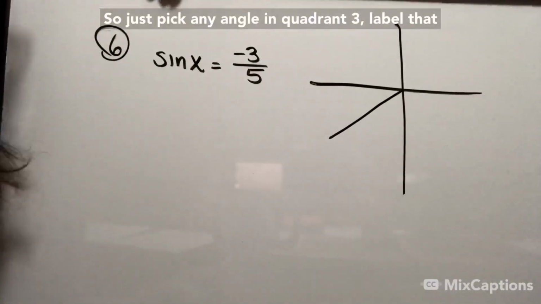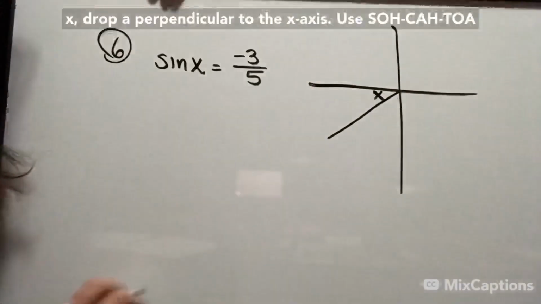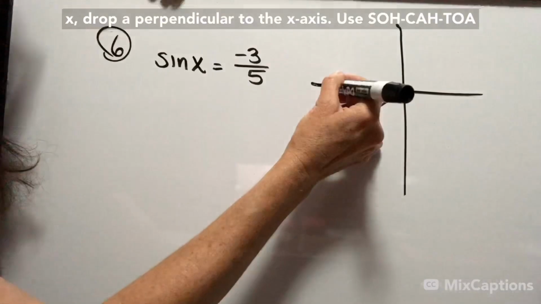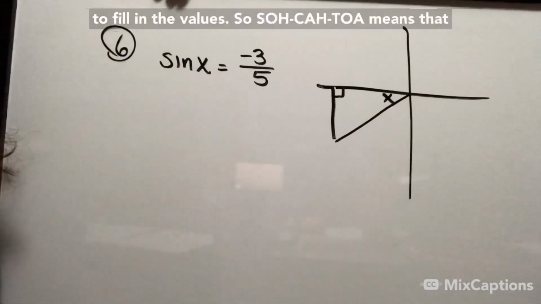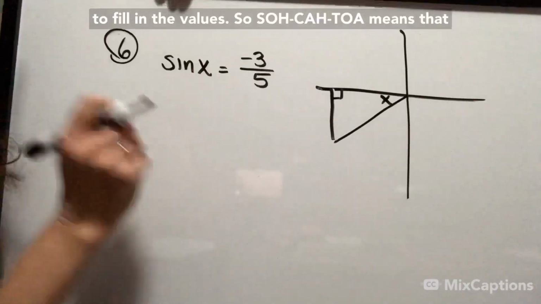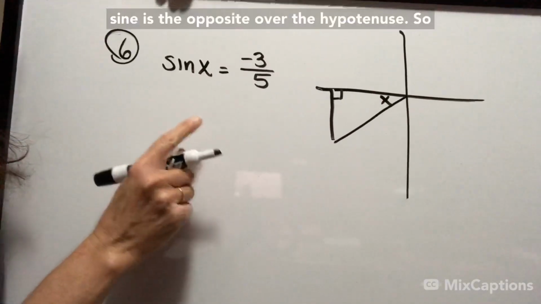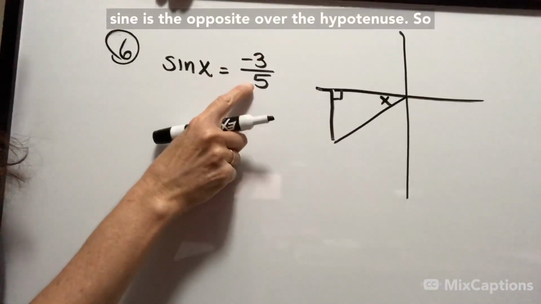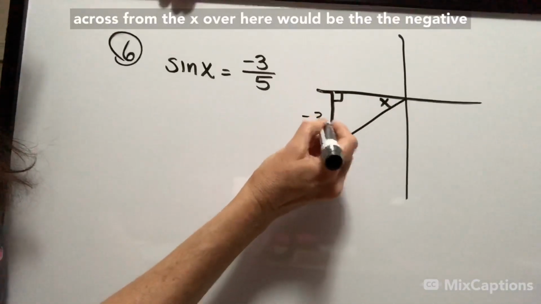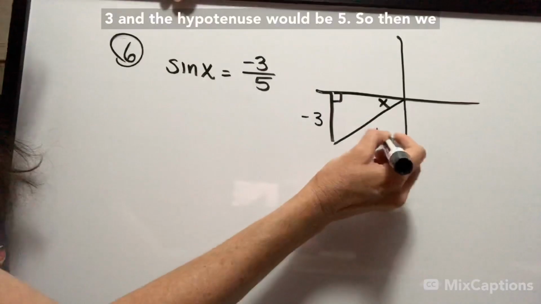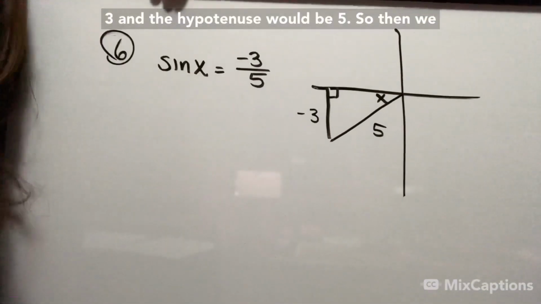So just pick any angle in quadrant 3, label that x, drop a perpendicular to the x-axis, use Sohcahtoa to fill in the values. So Sohcahtoa means that sine is the opposite over the hypotenuse. So across from the x over here would be the -3, and the hypotenuse would be 5.